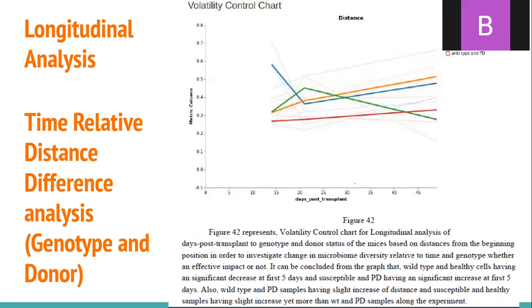And these are for the wild type healthy, susceptible PD, wild type PD altogether. The conclusion of this analysis is that donor type is the major differentiator again for shaping the microbial community, but it also separated the variants again relative to time.